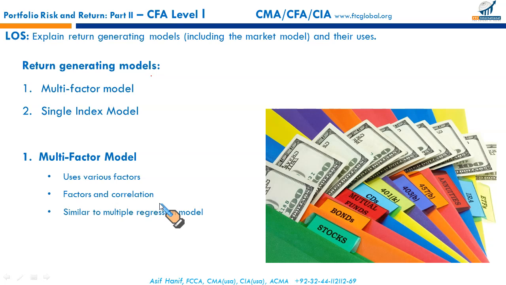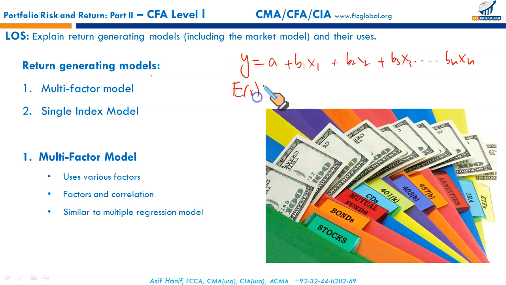So it's more or less like a multiple regression model that we studied in statistics in undergraduate courses, that is y equals a plus b1x1 plus b2x2 plus b3x3 and so on up to bnxn. But in this context, it's going to be the expected return, the risk-free rate, and then of course various factors with their coefficients.